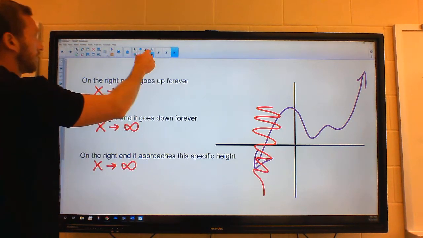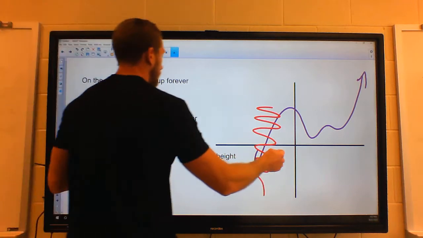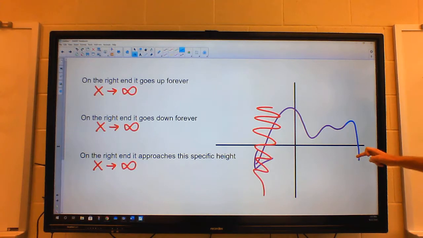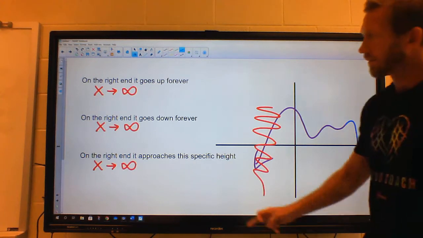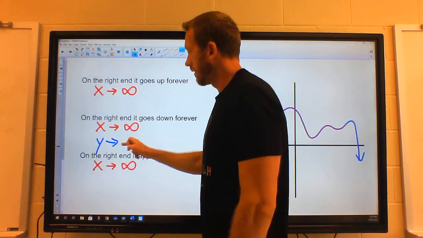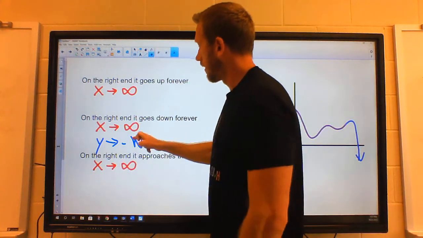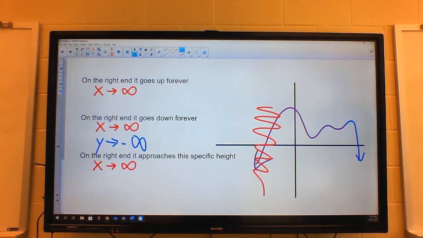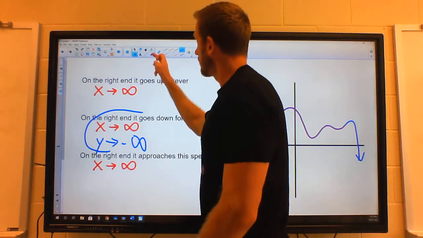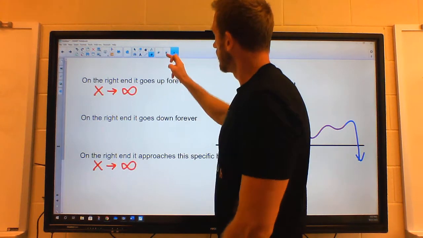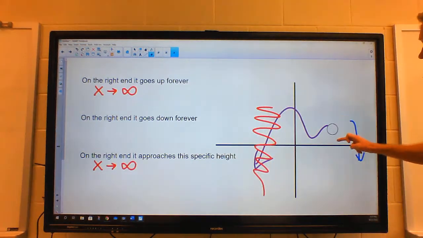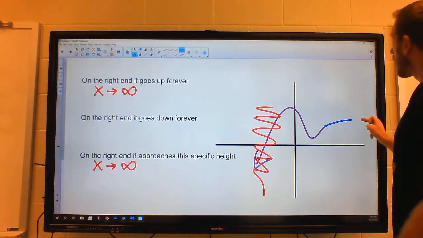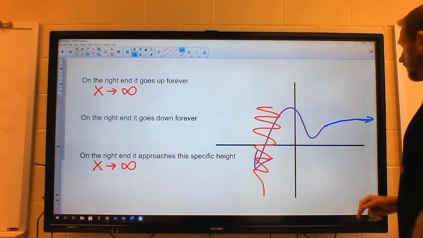Oh, can't erase an infinite clover. Oh well, that's fine. Okay, scenario 2. It curls back, down forever. So our height goes to negative infinity. Negative infinity goes down forever. Okay, and scenario 3. It approaches some height that it flat lines out to.